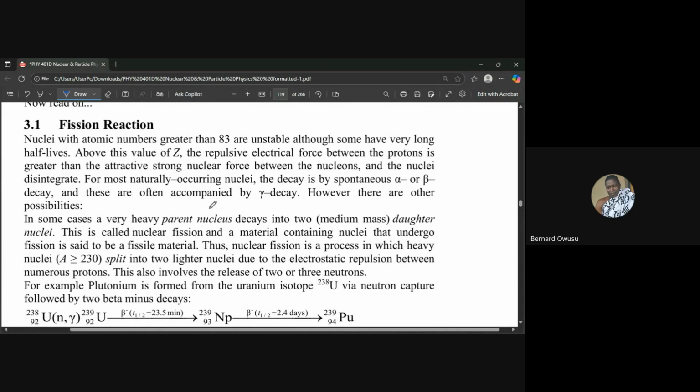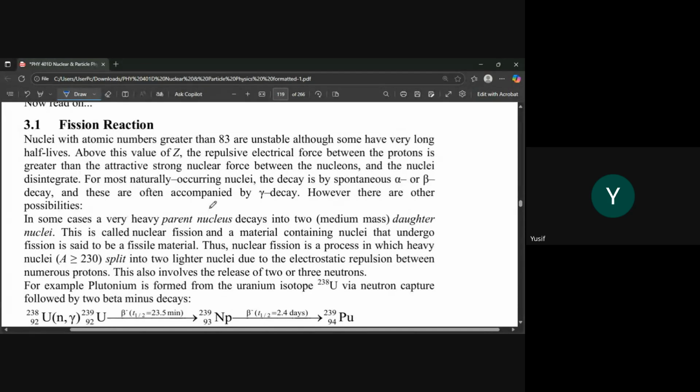That's putting things together. Fission. Please, it is splitting, basically, of a heavy nuclei or parent nuclei into daughter nuclei. Yes, that's correct. So what you said earlier is fusion. This is fission.